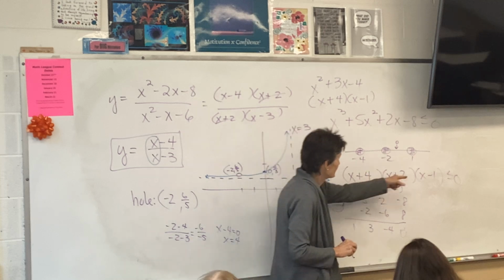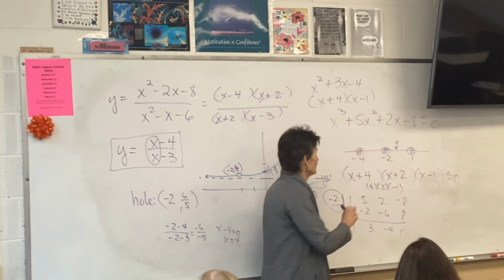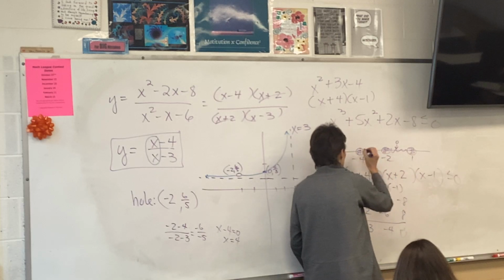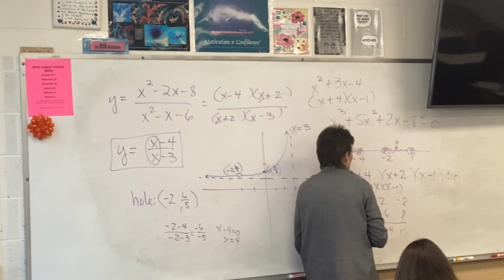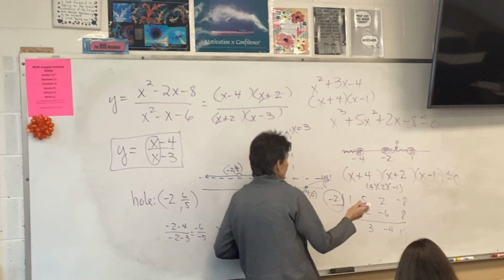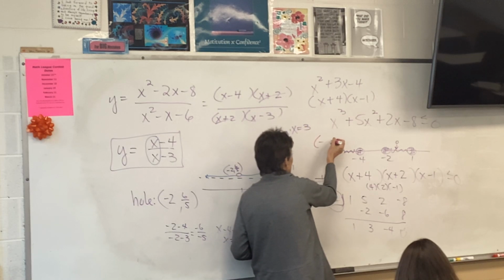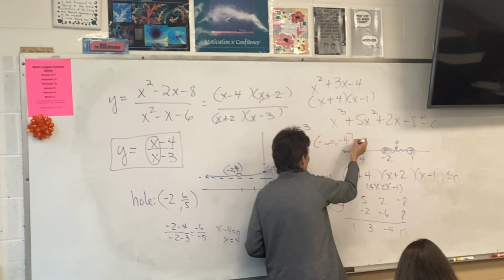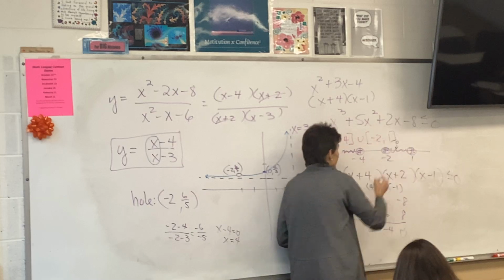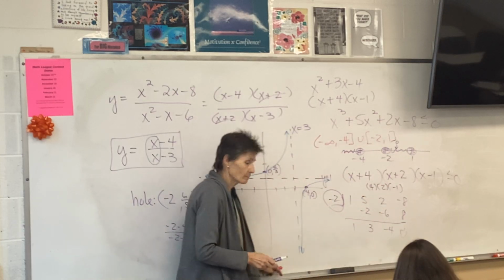Is negative 8 less than 0? Yes. Shade it. No, yes, no, yes. So my answer is negative infinity to negative 4 or negative 2 to 1. All right, Jameson?